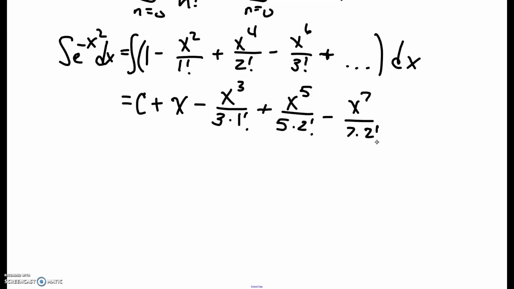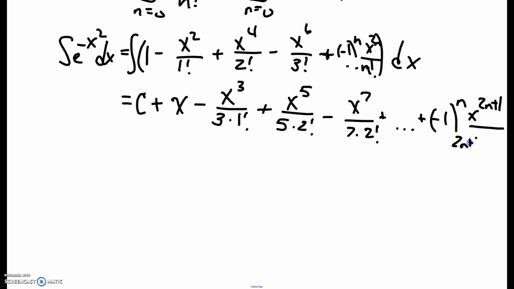If we think about the general case, the negative 1 to the n doesn't change. x to the 2n gets raised by 1, so it becomes 2n plus 1. We divide by 2n plus 1, and we also have that n factorial.